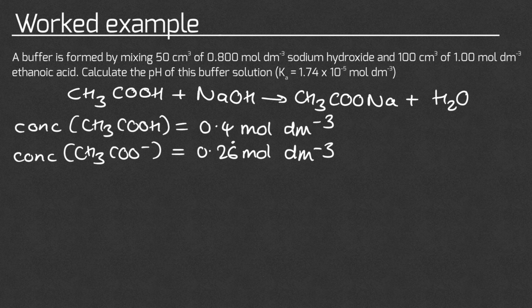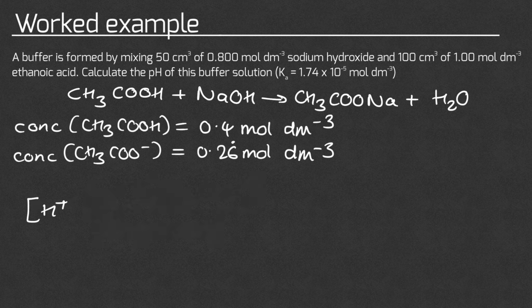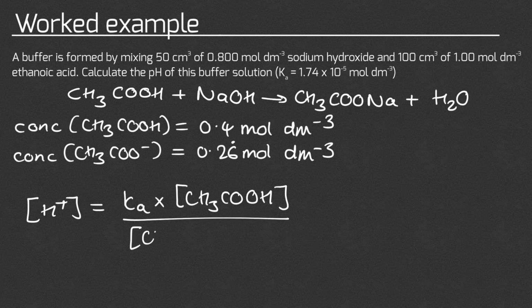Now, we've done the tricky part of this buffer calculation. All that's left is to treat it as a normal buffer question, so we now need to write the Ka equation. Once we've written the Ka equation, we need to rearrange it to find the concentration of H+. Now all we need to do is substitute the values in and put it into our calculator.